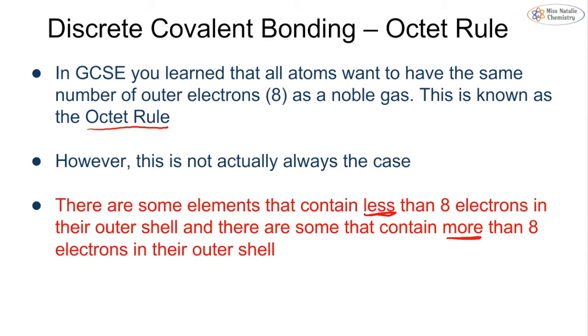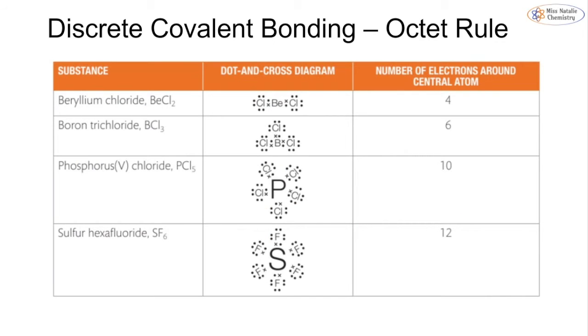And these are just some exceptions that you have to know about, and we'll discuss these further in topic 3C when we are looking at the shapes. Now, be aware that the majority of molecules will want to conform to the octet rule, but we just have to be aware of the few exceptions.